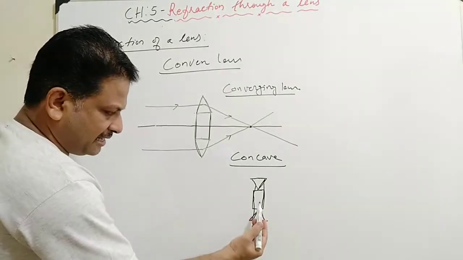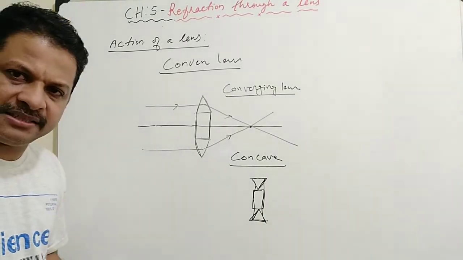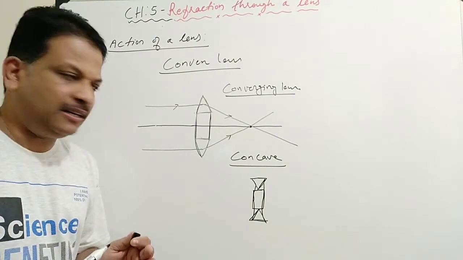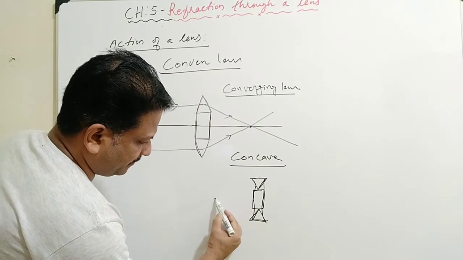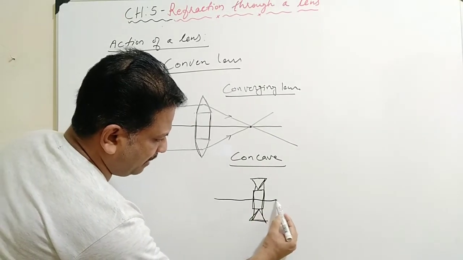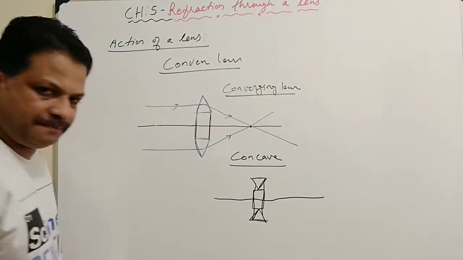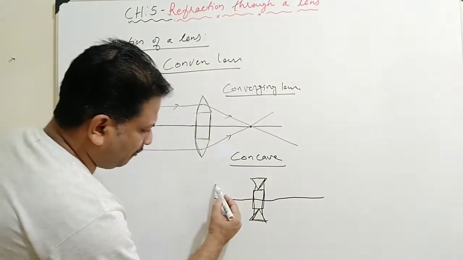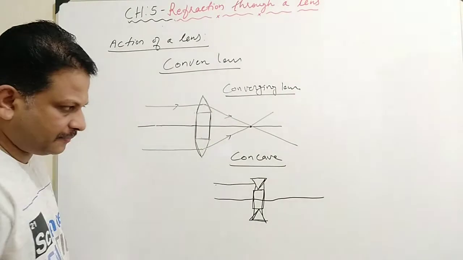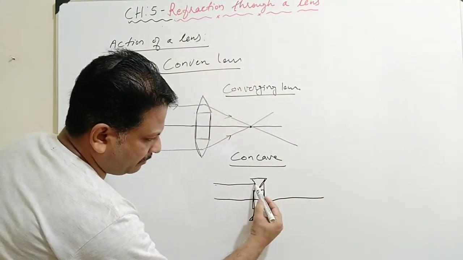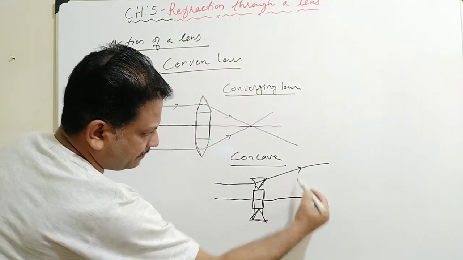Now let us study how the refraction through a concave lens takes place. A ray of light incident normally on a glass slab passes undeviated. Now a ray of light incident on the upper part, the prism, after refraction bends towards the base of the prism.